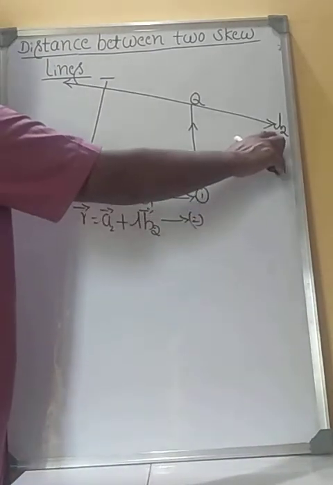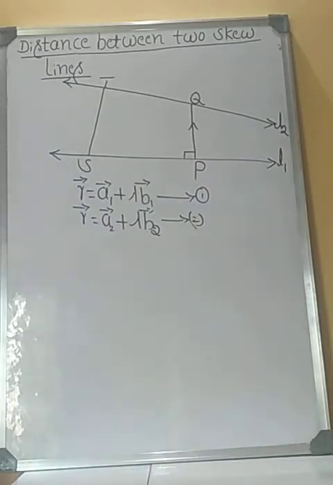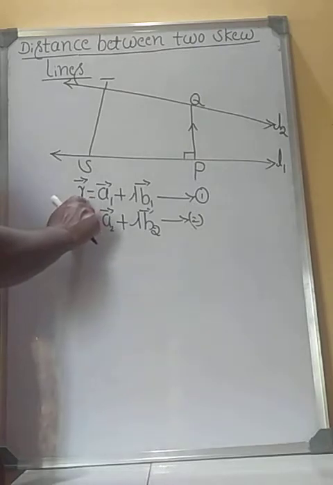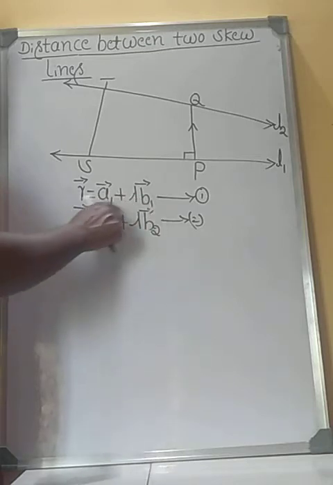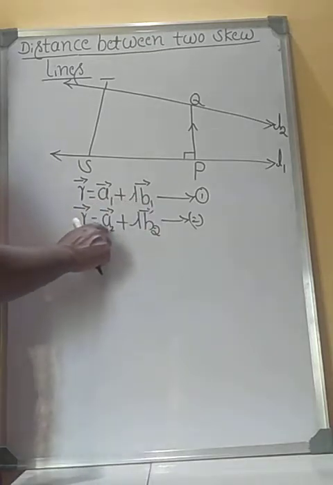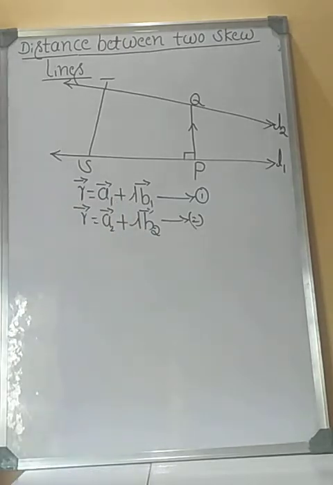Let L1 and L2 be two skew lines with the equations r vector is equal to a1 vector plus lambda b1 vector and r vector is equal to a2 vector plus lambda b2 vector.